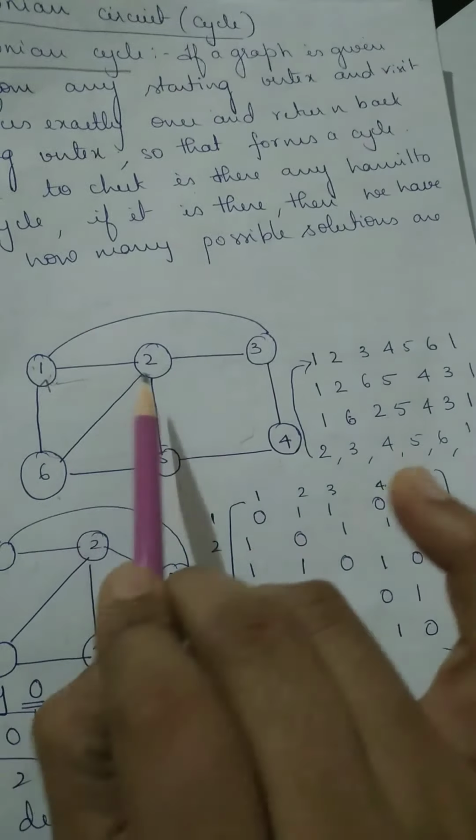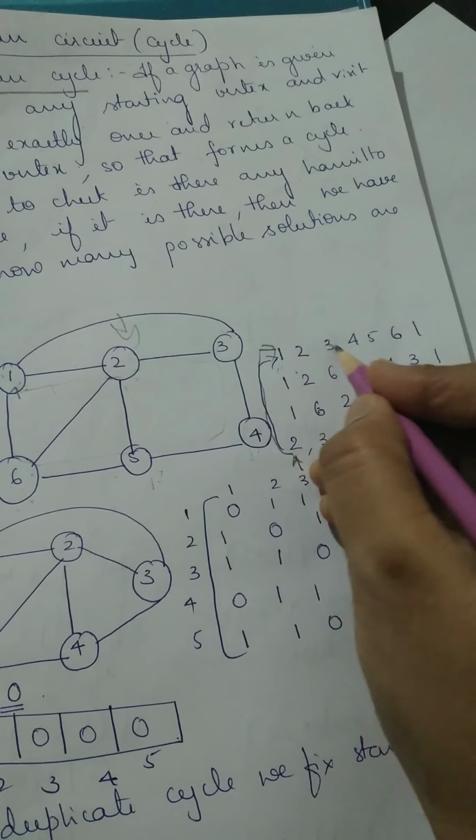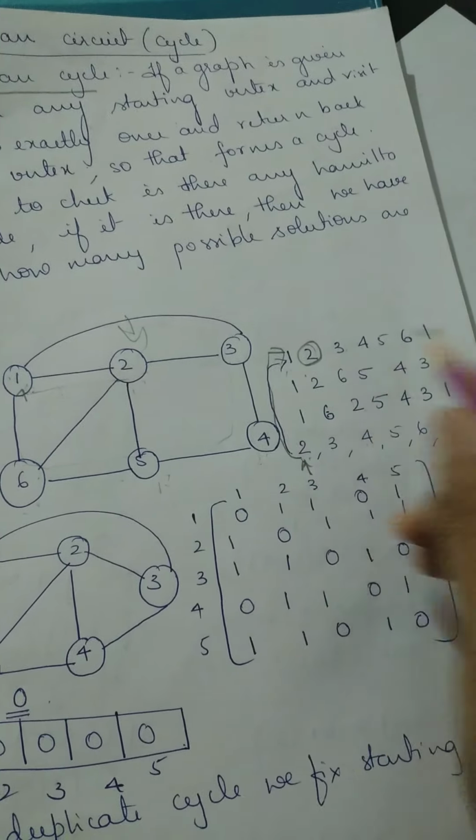Again, if I start from vertex 2: 2, 3, 4, 5, 6, 1, 2. You can check, this is a repetition of the same cycle. Here it is beginning from vertex 2, but here it starts from vertex 1. So sometimes the same cycle will repeat.